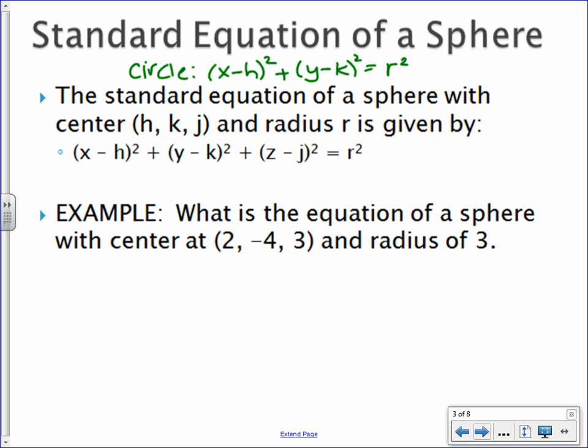Okay. So we are going to write the equation of a sphere with the center at 2, negative 4, 3, and a radius of 3. Okay.